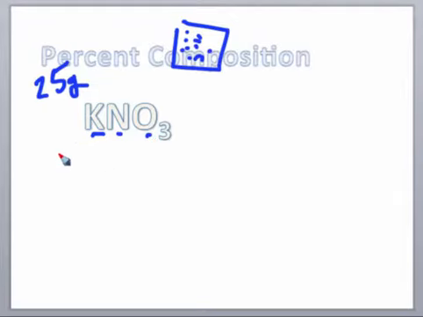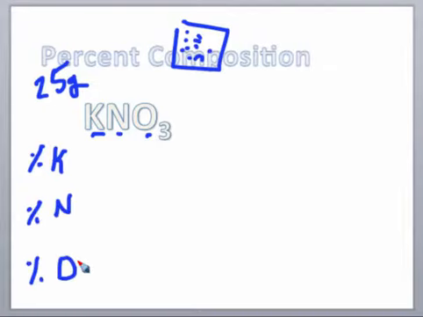So the first step in this process is to figure out what's the percentage of potassium, what's the percentage of nitrogen, and what's the percentage of oxygen. Now we did this in the last vodcast, so I'll go through this pretty quickly, and if you're unsure about this, go back to Unit 5, Lesson 7, and watch the first part.